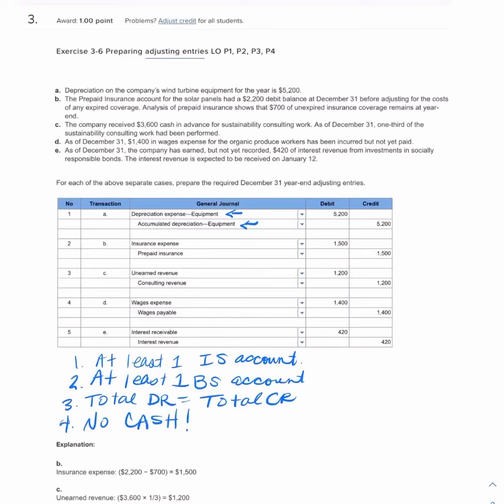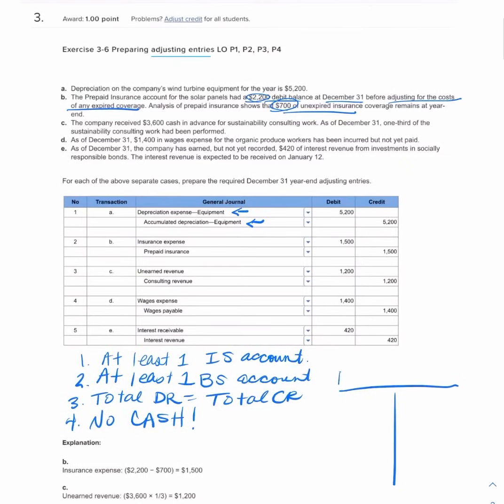Now, in the second piece of this question, it tells us here, the prepaid insurance account for solar panels had a $2,200 debit balance at December 31st before adjusting for the cost of any expired coverage. Analysis shows $700 of unexpired insurance remains at year end. So, here we've got our prepaid insurance. Our beginning balance was $2,200.